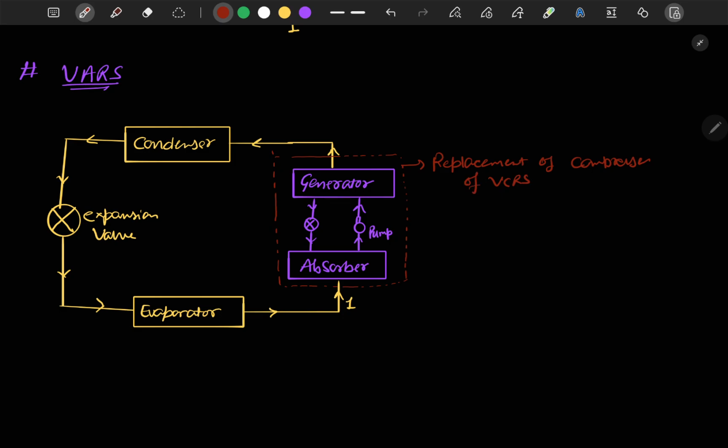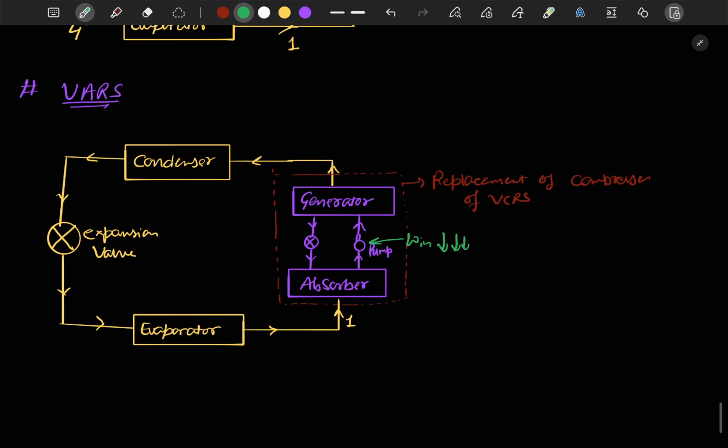With the help of the generator, absorber, throttling device and pump, we have replaced the compressor. Now only one device is a work input device, that is our pump, and this work input is very low compared to that of the compressor. I hope you understood this.